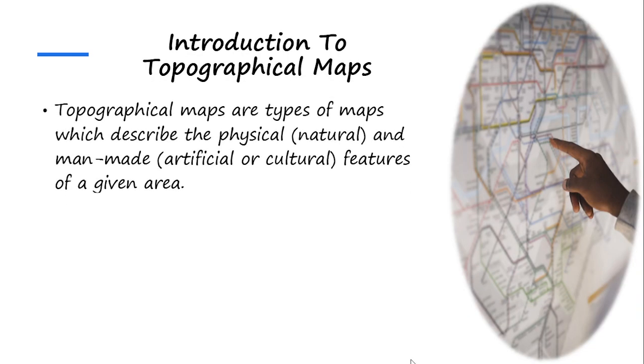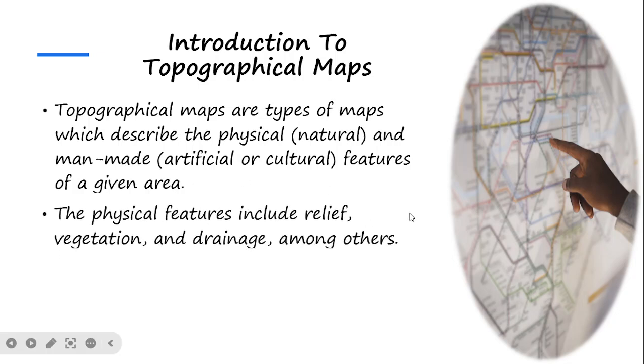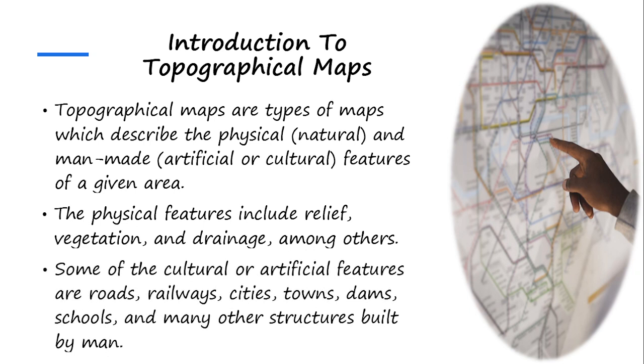What are topographical maps? Topographical maps are types of maps which describe the physical, that is the natural features, and the man-made, that is artificial cultural features, of a given area. So they describe these two things, the physical features and the man-made features. When we talk about the physical features, we include things like relief features, vegetation, drainage, and others.